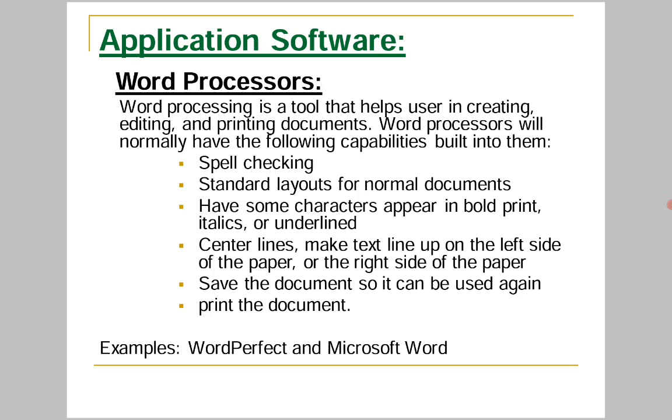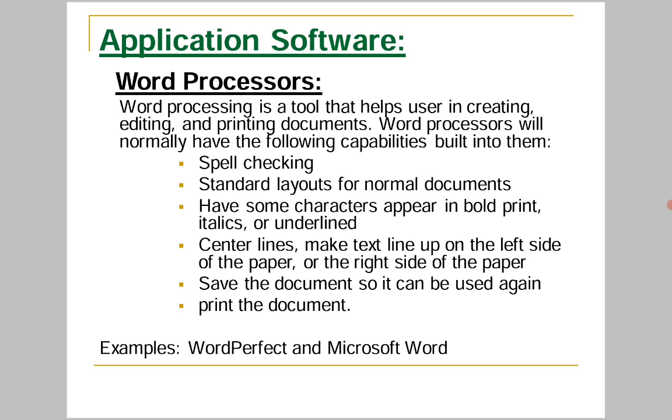First one is spell checking, standard layouts, and for normal documents, having some characters appear in bold, italic or underline, centering lines, making text line up on the left side of the paper or the right side of the paper, saving the document so it can be used, printing the document, like that. Examples are Word Perfect and Microsoft Word.